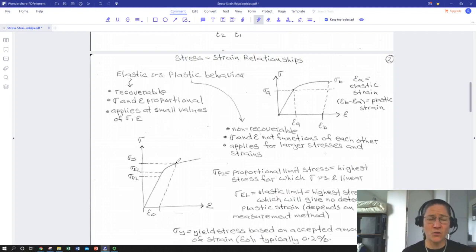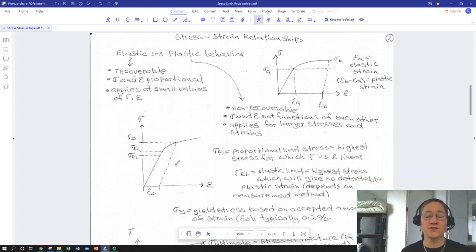So one way to take care of that ambiguity in measurement is to define a yield that gives you a little wiggle room for where exactly we've started to yield, and that rule says you basically assume 0.2% permanent deformation. So your yield stress is called the 0.2% offset yield.